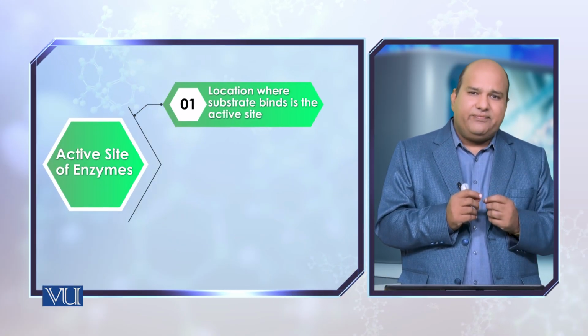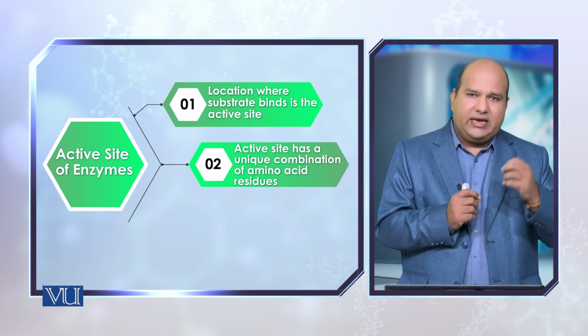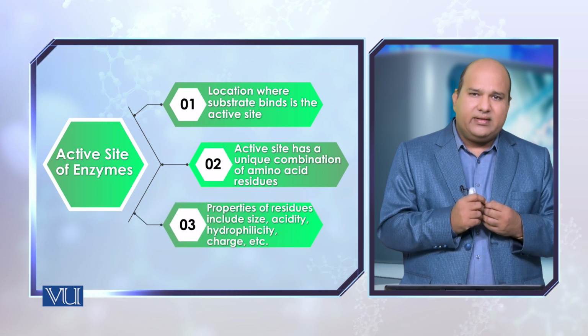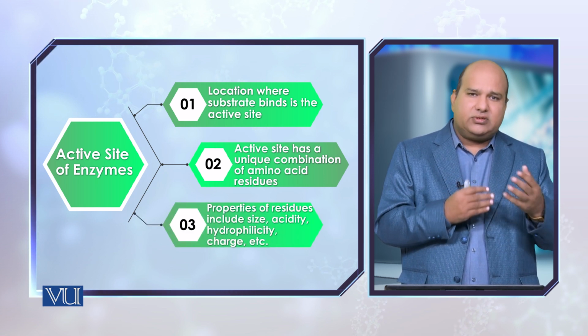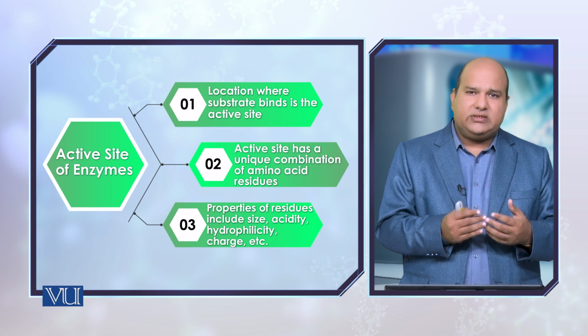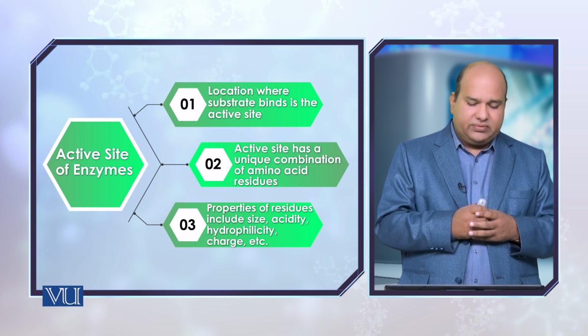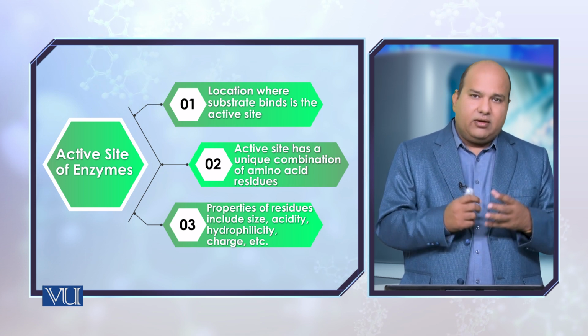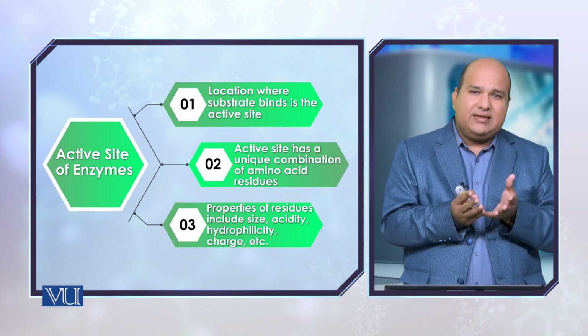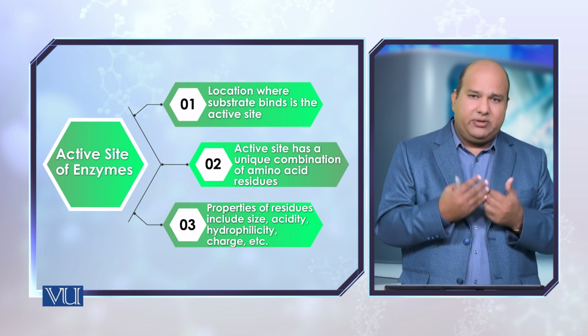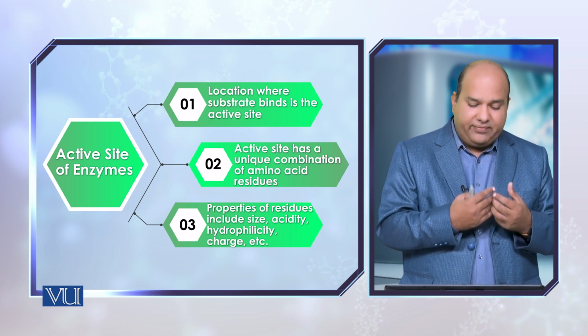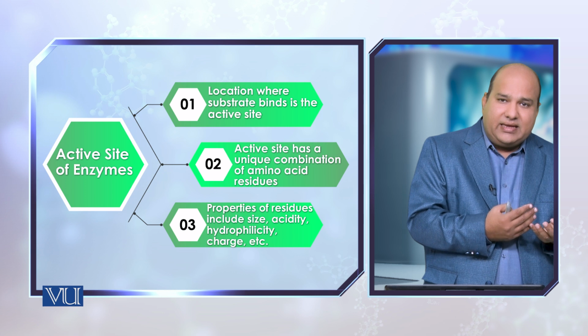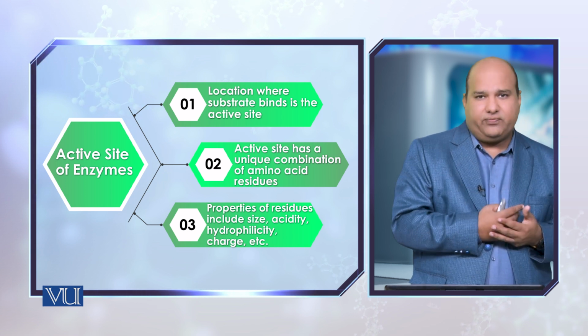The active site of the enzyme is the site to which the substrate actually binds, and which then undergoes certain changes, because of which the reaction is carried out. Of course, because enzymes are proteins, the active sites are made up of certain amino acids. These amino acids have their own properties which determine the functioning of the enzymes.